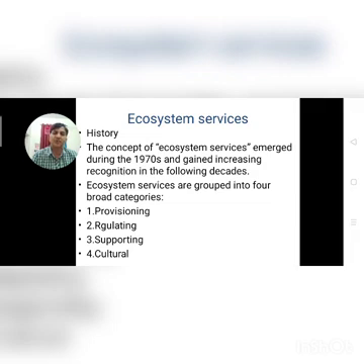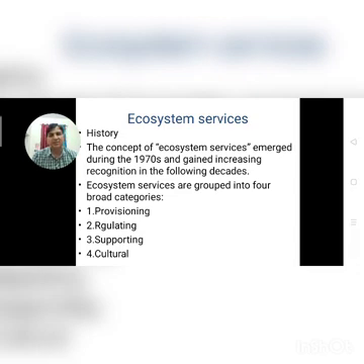The concept of ecosystem services emerged during the 1970s, and since then it has gained increasing importance in the coming decades, because it has been realized there are people who are directly dependent on these ecosystem services, whether they are some Amazonian tribes, or indigenous tribes in Australia, Asia or India. So they directly depend on these.